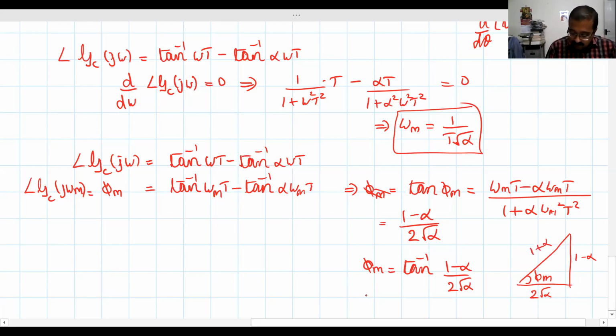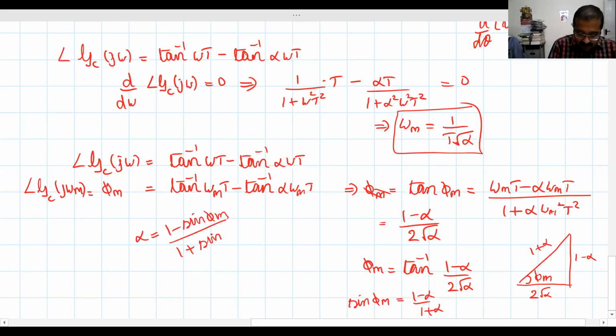So sin phi m will be 1 minus alpha by 1 plus alpha. Or if you know phi m, you can calculate alpha. The alpha value will be 1 minus sin phi m divided by 1 plus sin phi m. In this way, you can determine the compensator zero and pole location.